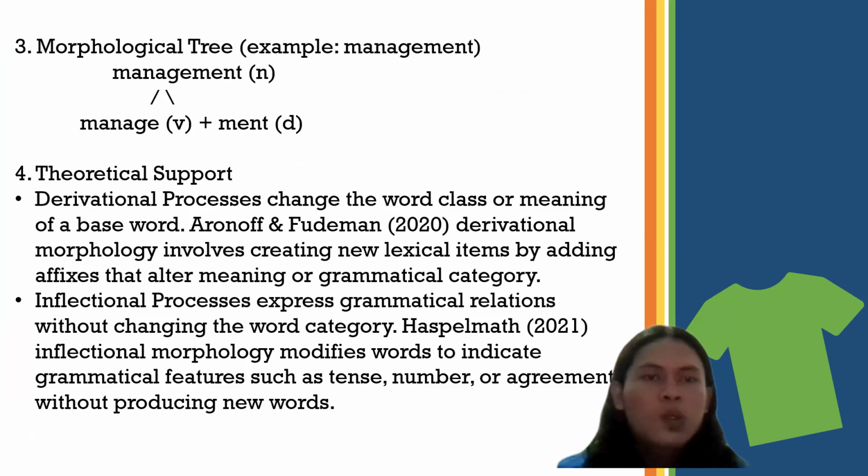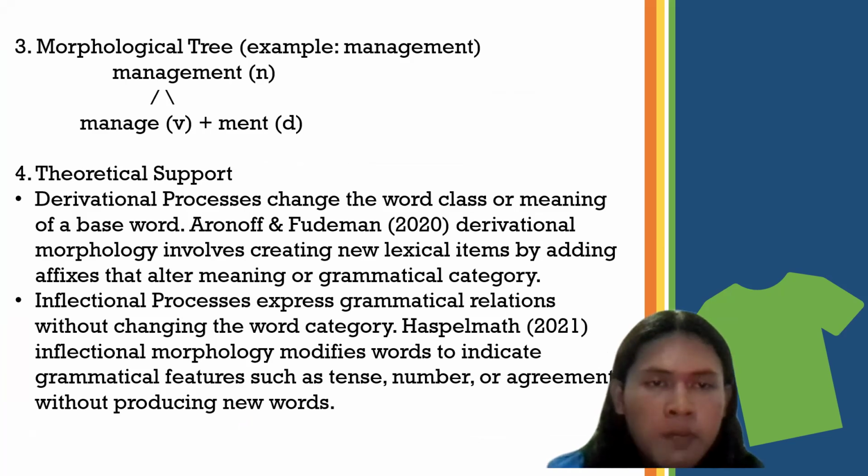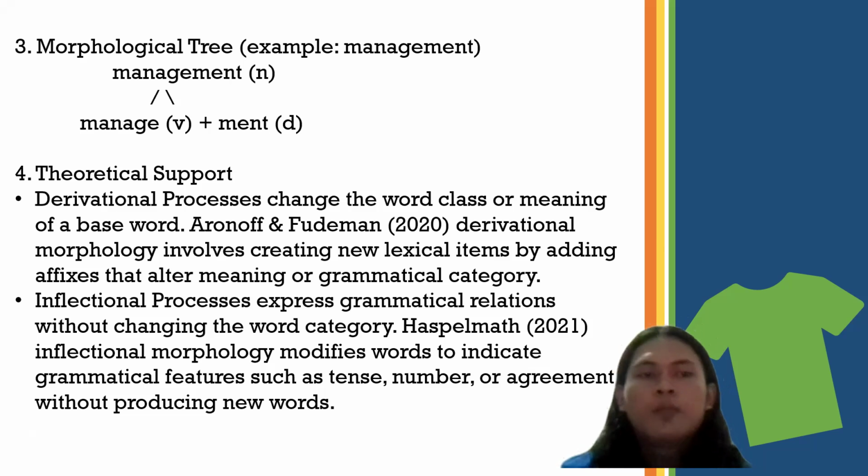Management is a noun. Manage is a verb plus -ment, which is derivational. In the last, theoretical support: the first, derivational process, changes the word class or meaning of a base word.